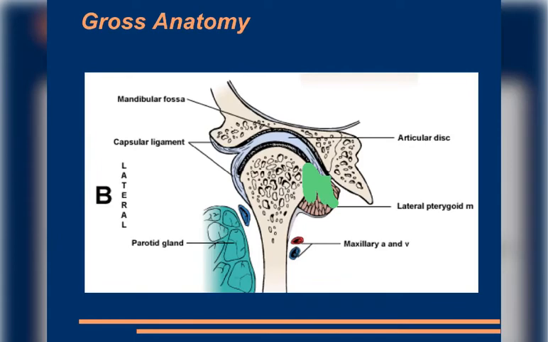By this action it initiates the opening of the oral cavity. Then another muscle continues the opening process of the oral cavity, which is the digastric muscle.